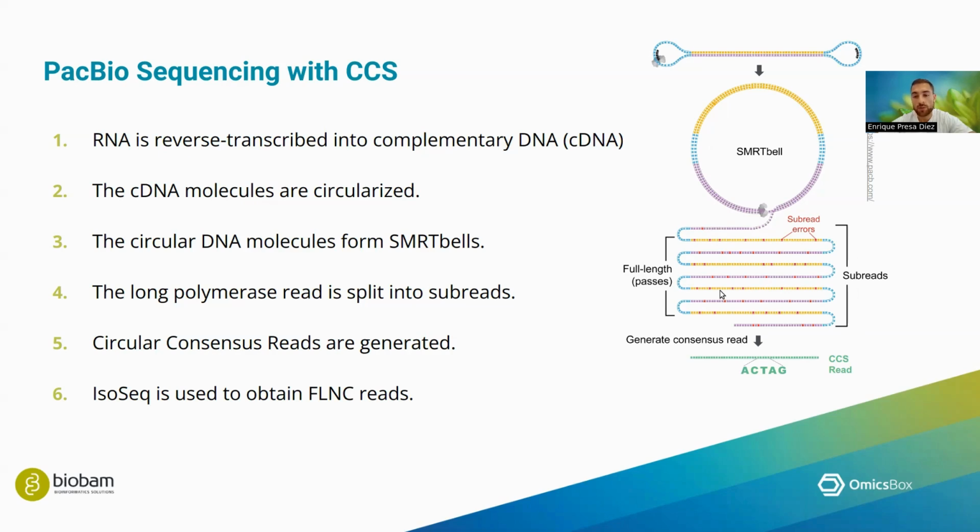That is a set of full-length passes of this SMRTbell. Then using the IsoQuant workflow that is already available in OmicsBox, you can go from these subreads to the CCS. That means circular consensus sequence. Then from this circular consensus sequence, you can go to the FLNC reads, the full-length non-concatemer reads, that are the ones that we are going to use. You can obtain them also using the IsoQuant workflow.